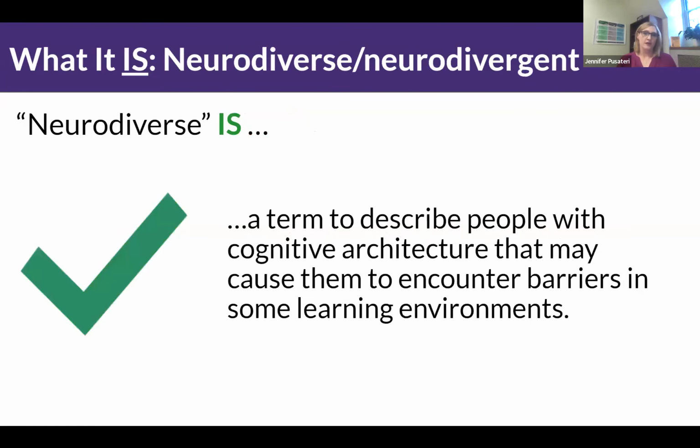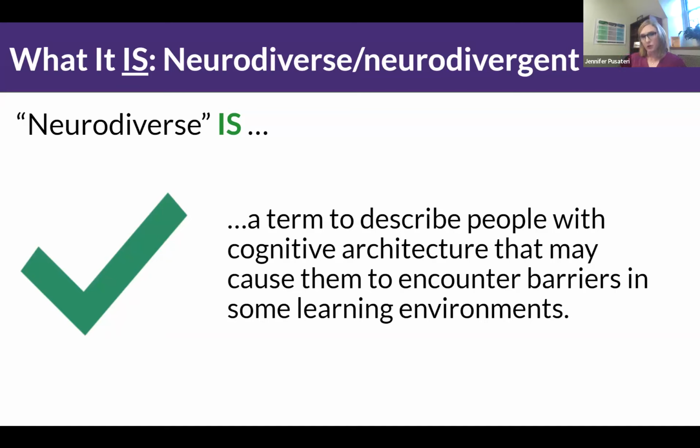What neurodiverse means is it's a term to describe people who have the cognitive wiring within our brains, if you will, which of course is not actually wiring, but the neural connections, I guess you could say. Students, or people, that have a certain kind of wiring or neural connection that might cause them to have some barriers in learning environments.